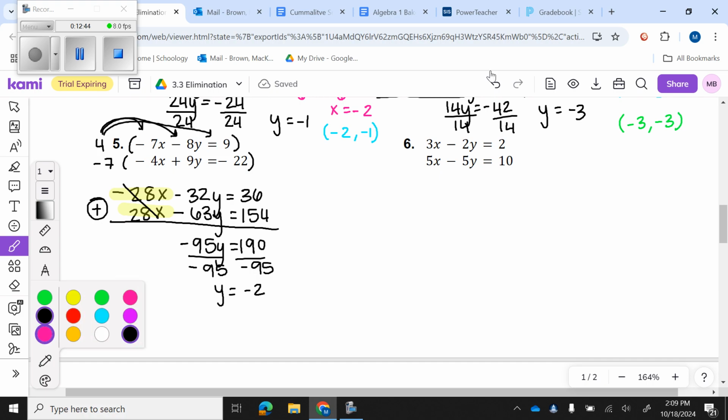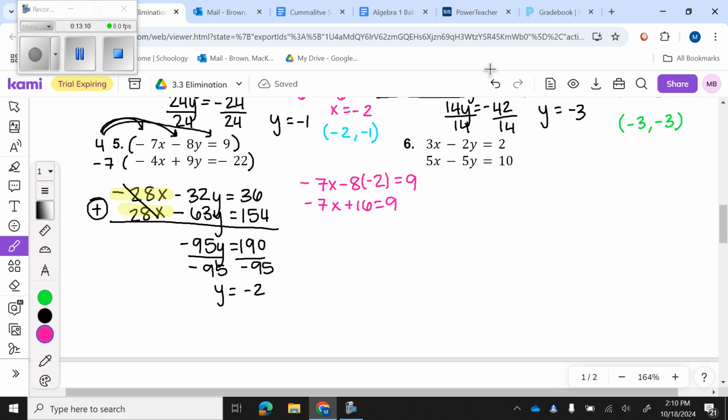All right, I've got my y, but remember I've got to substitute it back in to find my x. The easiest way to do this is to go back into one of your original equations. You could go into one of these, but by the slight chance you mess something up, I would just go back into your original equation. I'm going to have a negative 7x minus 8, instead of y, I just figured out that y is a negative 2, equals 9. Negative 8 times negative 2 is going to be a positive 16.